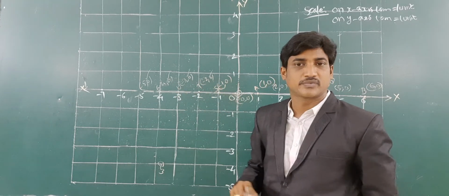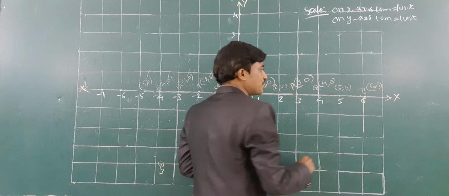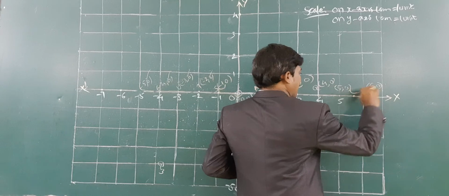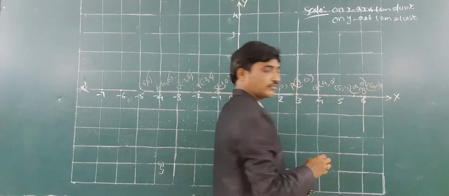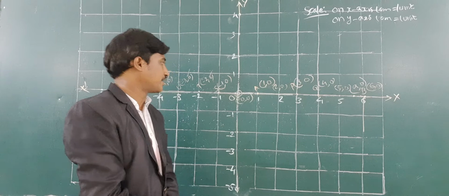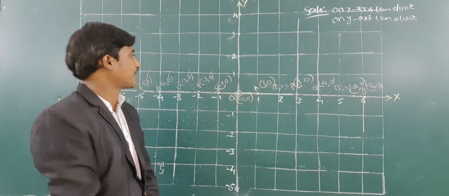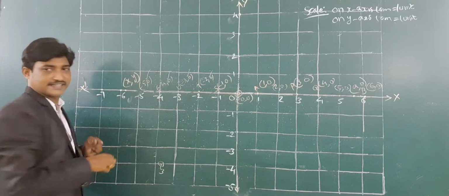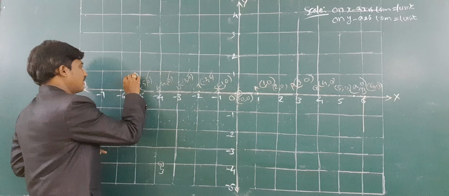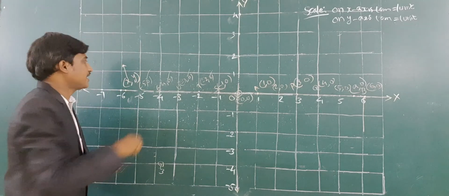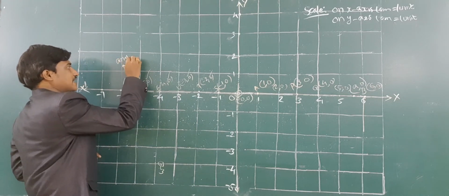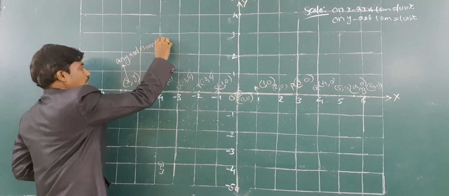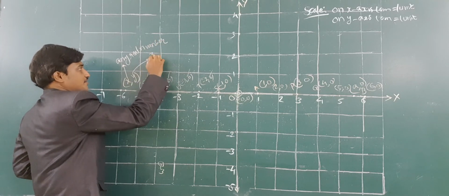(-5, 0), (-4, 0), (-3, 0), (-2, 0), (-1, 0). So the general form of a point on the x-axis is (a, 0). If there is a point (x, y) on the x-axis, x is any real number, x takes any real value, whereas y is 0.